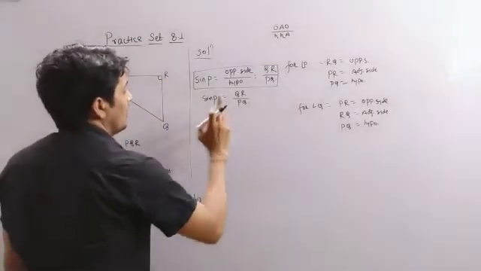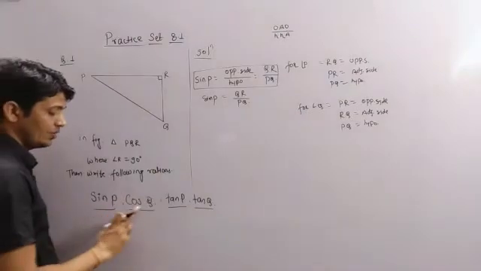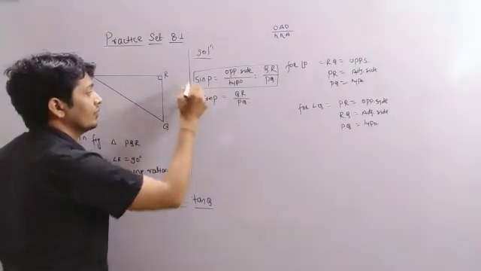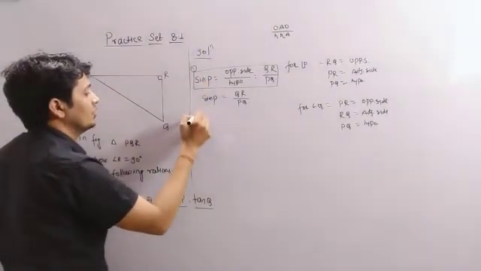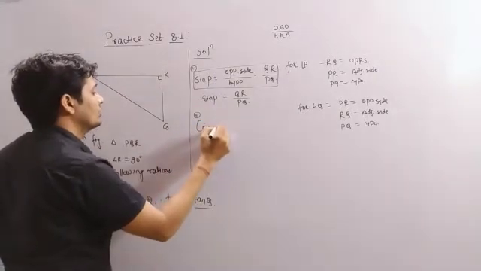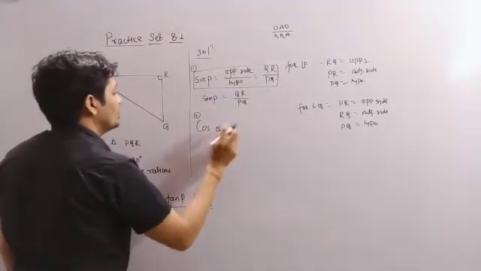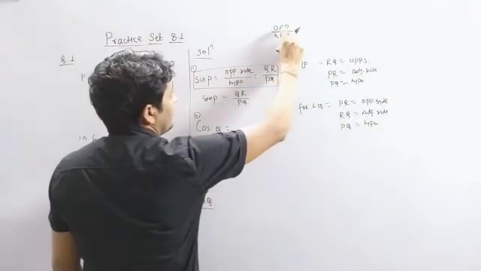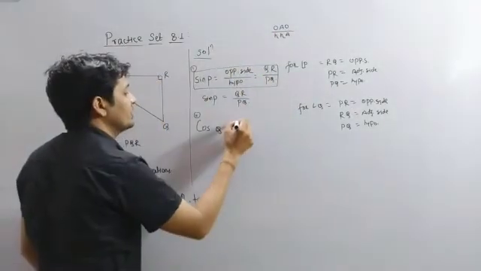Now the next problem, we have cos Q. This is the first, now second. What is cos theta? It is adjacent side divided by hypotenuse.